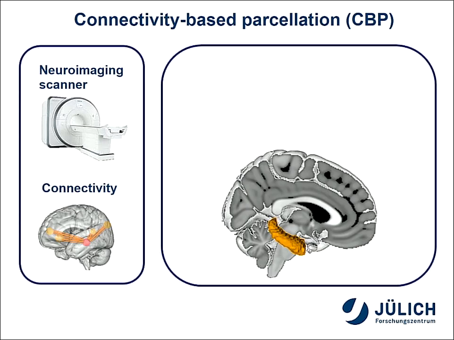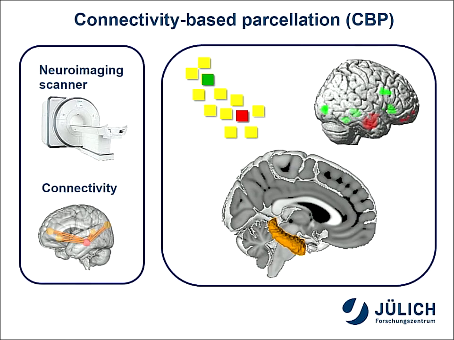If you take one region of interest, for example, the hippocampus, you look at the voxels. If you take two different voxels, they might have a different profile of interaction with other brain regions. So for example, here one anterior voxel has a different profile of connectivity than the most posterior voxels.